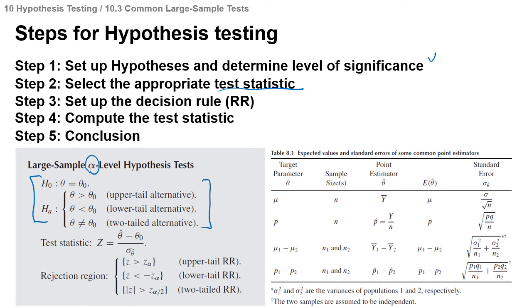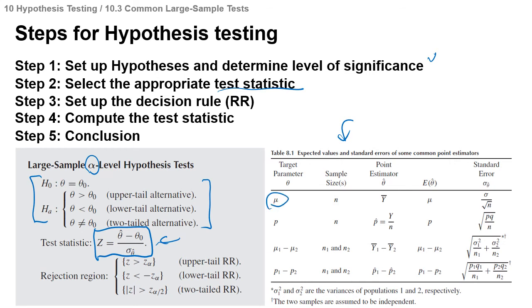For the large sample test, the approximate test statistic is Z equals theta hat minus theta 0 divided by the standard error of theta hat, and usually this can be taken from table 8.1.